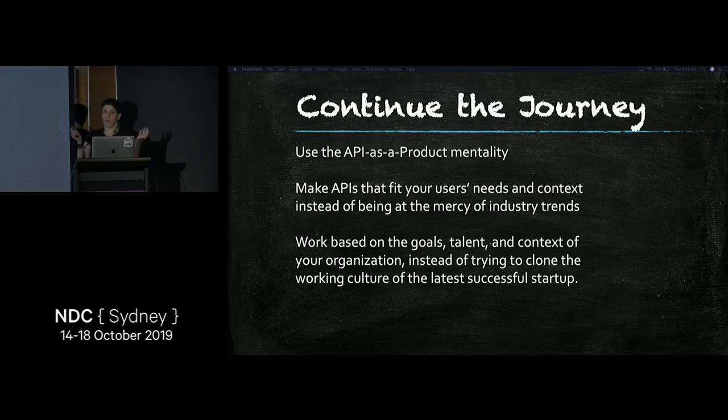And to summarize and give an action item for myself and all of us, let's continue the journey. Use this API-as-a-product mentality, because we saw some successful companies that did just this. They invested in it and they've been successful. And also come up with API products that meet your user's need, right?